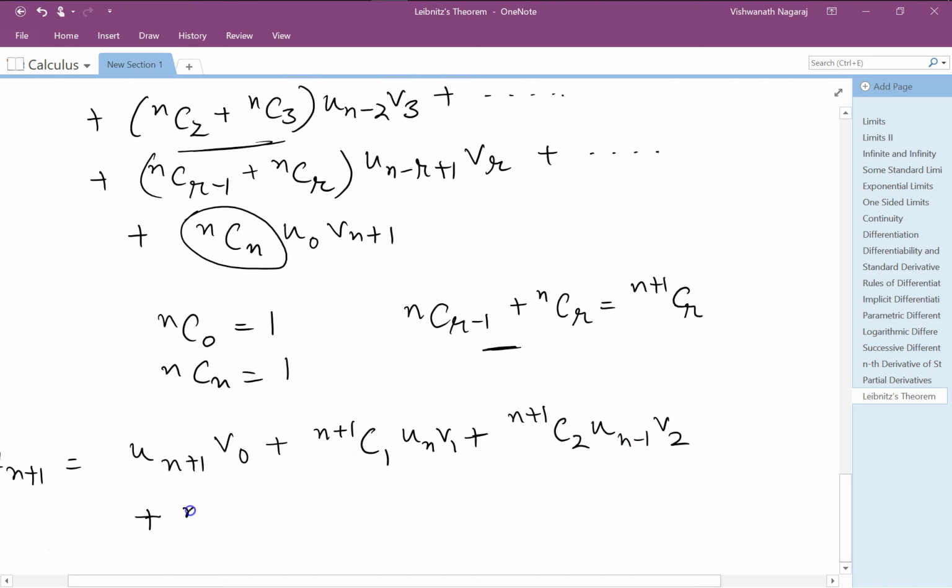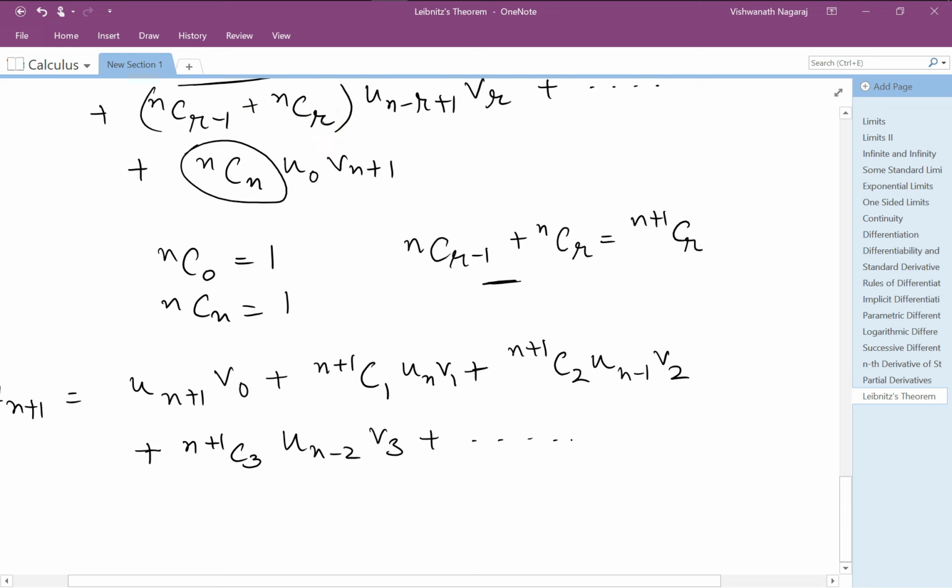This will become n plus 1 c3 u n minus 2 v3 plus, this would become what, ncr minus 1 plus ncr. This will become n plus 1 cr un minus r plus 1 and vr plus, and the last term will become 1.